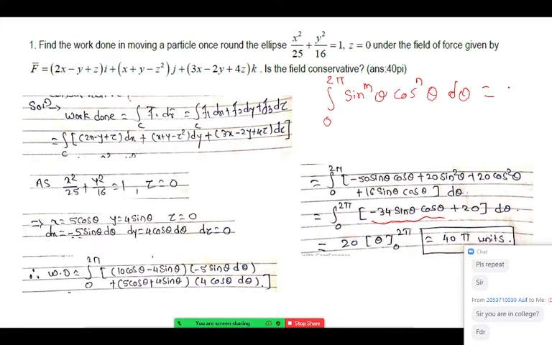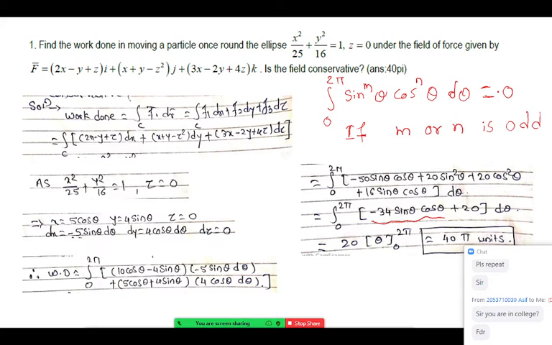Can anyone tell me when it is 0? If m or n is odd. If either the sine or cosine power is odd, at least one power, or both odd, that is also okay. But if the power of sine or cosine is odd and we are integrating on the range 0 to 2 pi, the value of the integral is always 0.